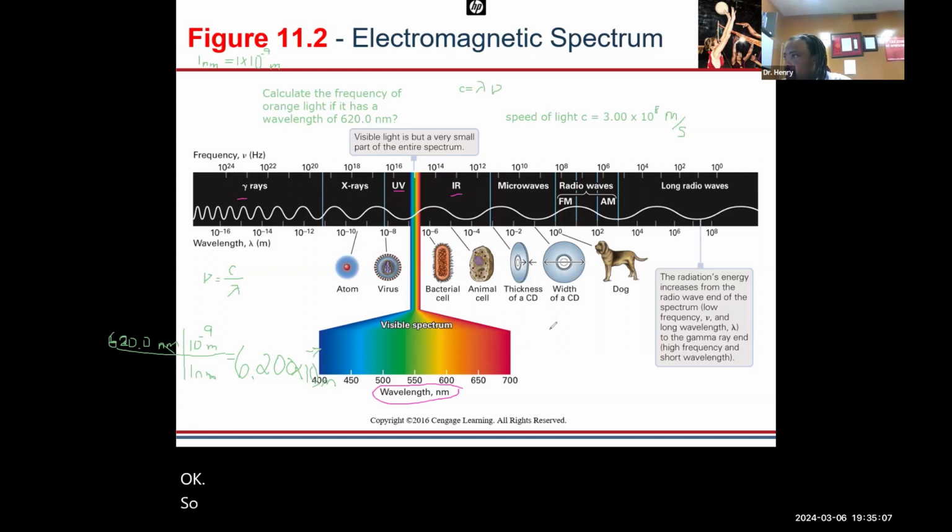So then, as you said, we're going to use our nu. Nu is going to be equal to the speed of light, 3.00 times 10 to the 8 meters over seconds, divided by 6.200 times 10 to the -7 meters.